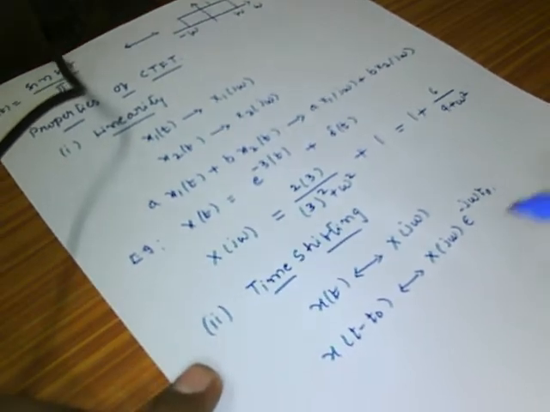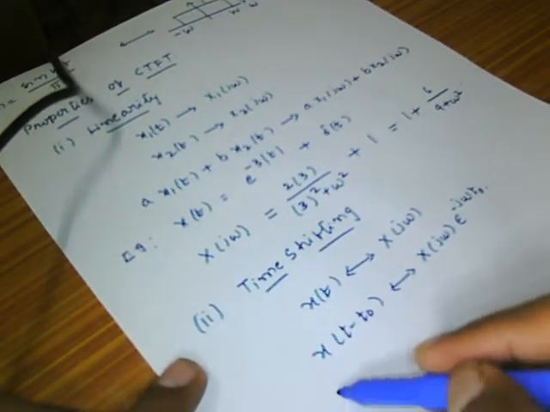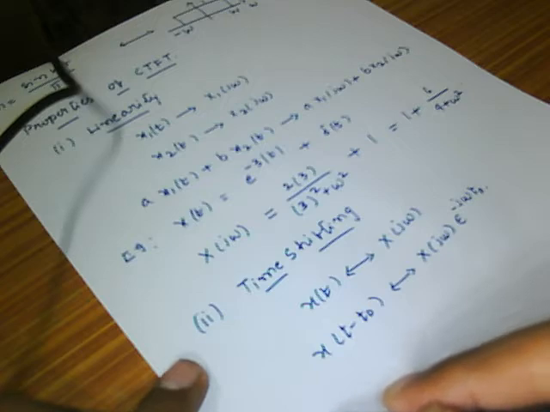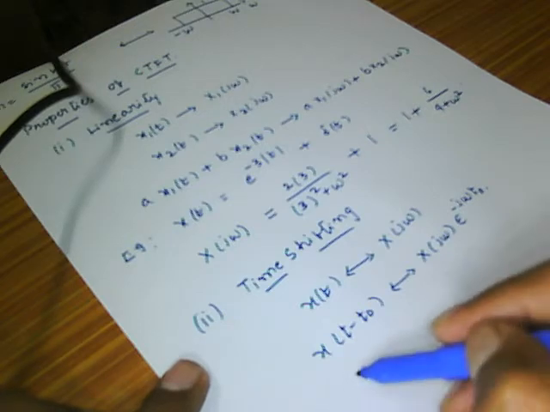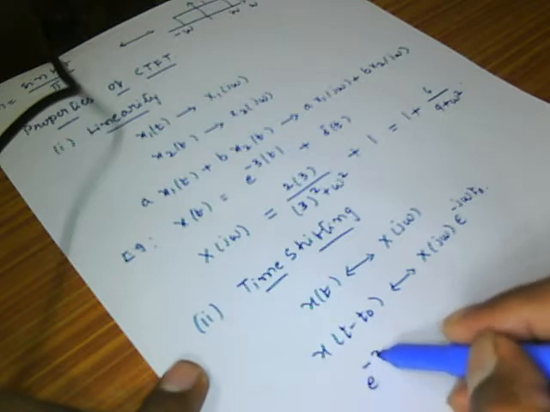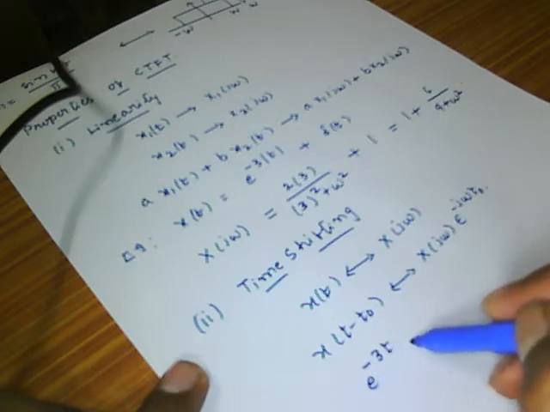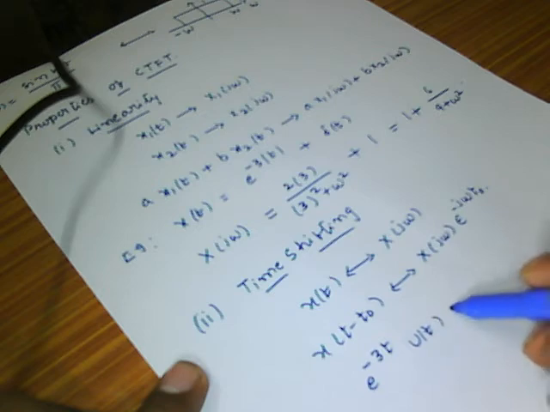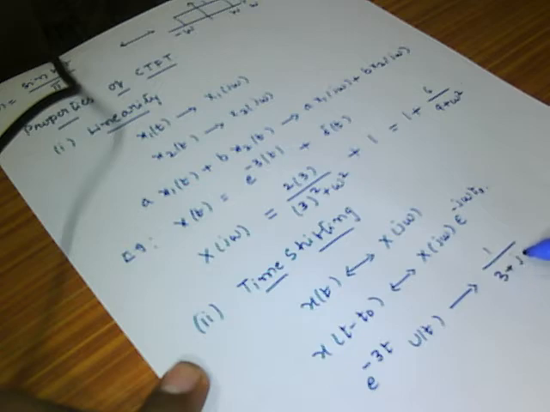So if you take a small example, we have seen that e power minus 3t into u of t will have 1 by 3 plus j omega as the Fourier transform.